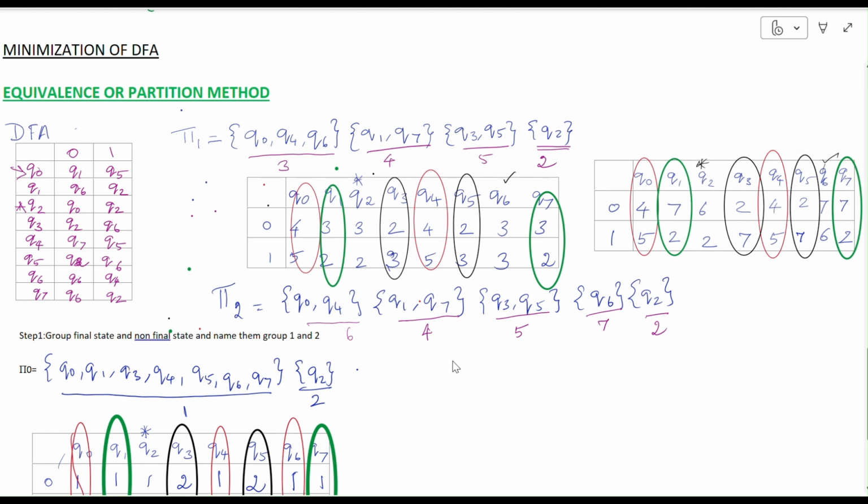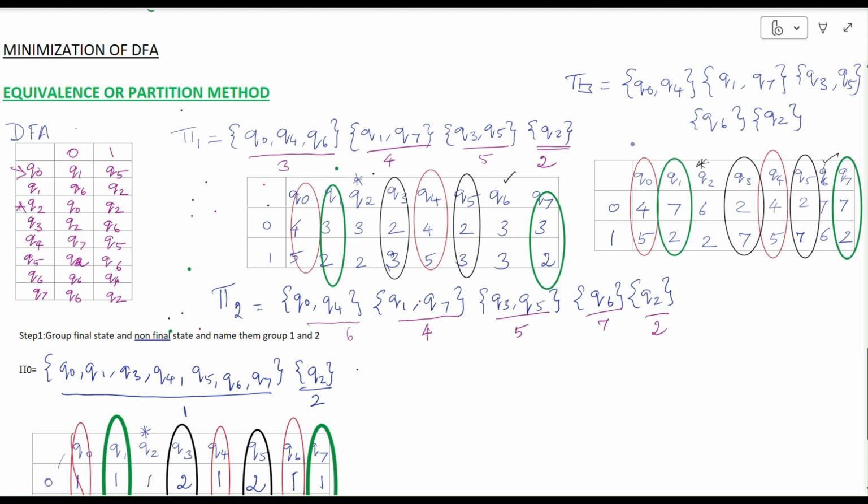So now what is the partition? The partition pi 3 is equal to the same partition which we got earlier, that is Q0, Q4, Q1, Q7, Q3, Q5, Q6, and Q2.